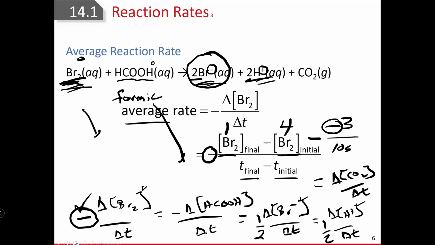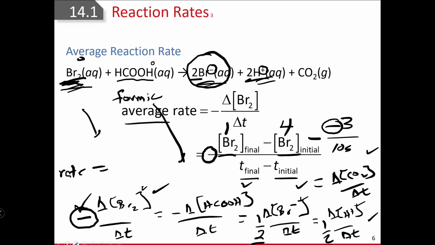So we have to put a correction factor of 1/2 in here so that the overall rate, these will all be equal. So rate equals, with respect to the bromine this, with respect to the formic acid this, with respect to the bromide that, with respect to the hydrogen ion that, and with respect to the carbon dioxide that.